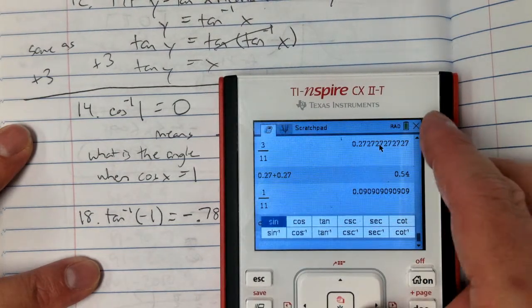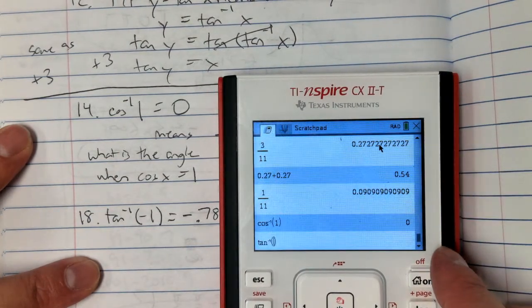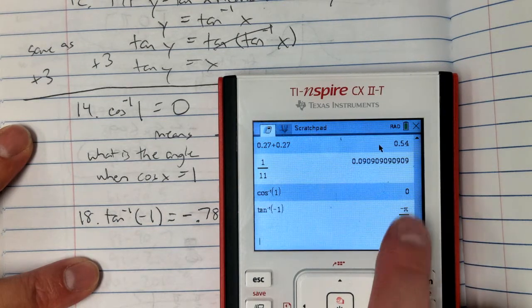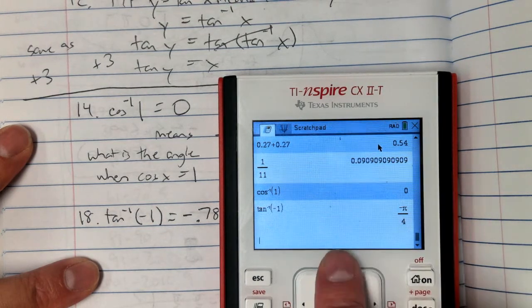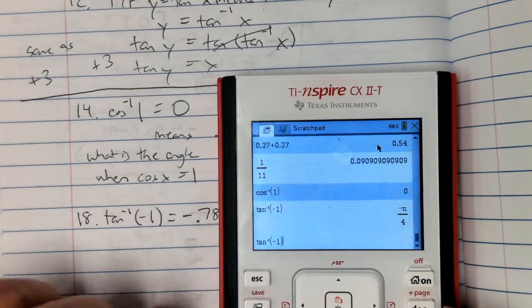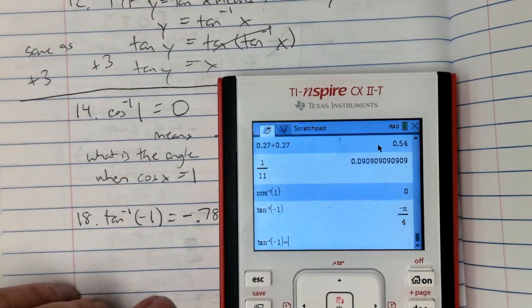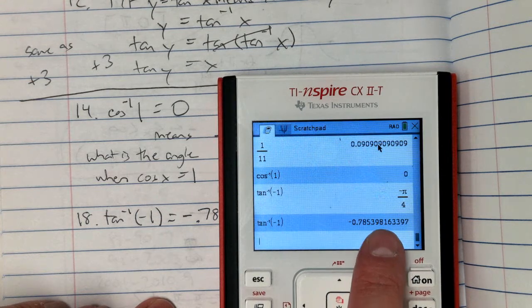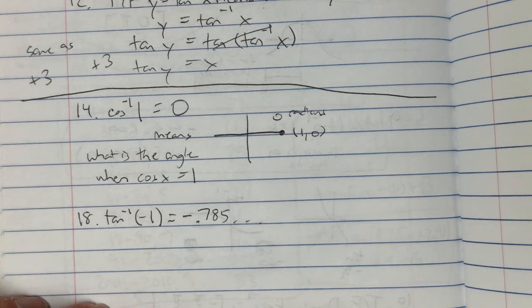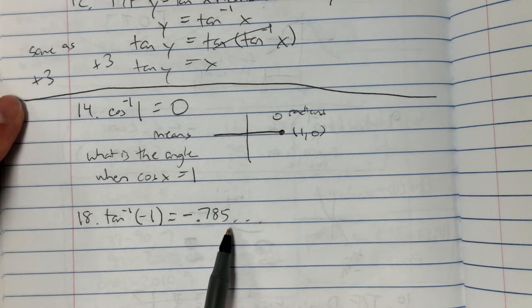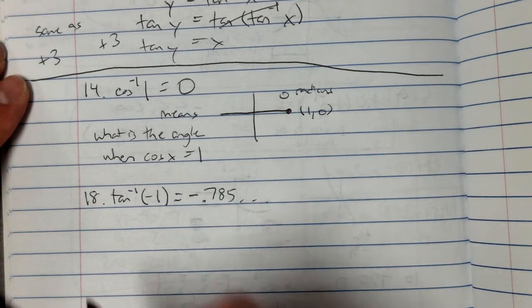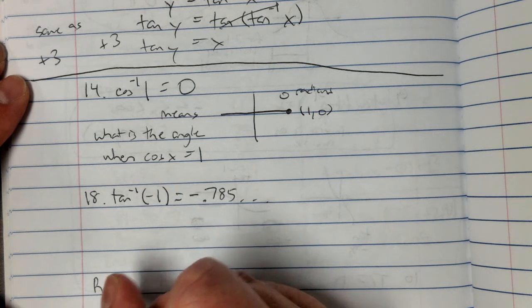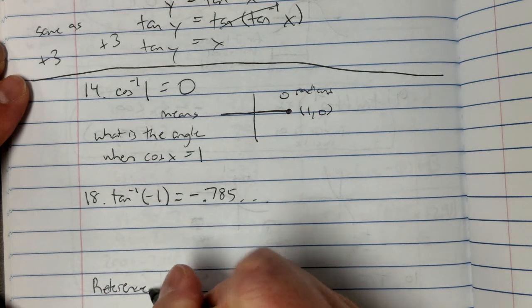So we can't answer it that way. On mine, I can see it's pi fourths, but on y'all's, you'd have -0.78539, and so forth. What I would recommend doing is making a reference table like we did before.